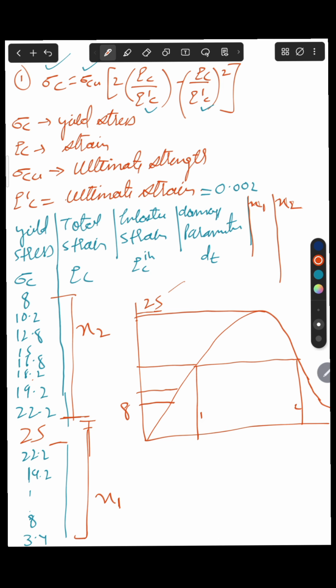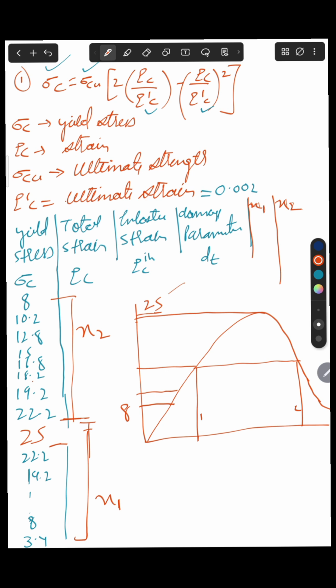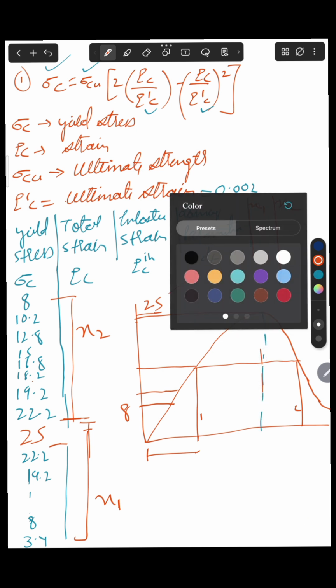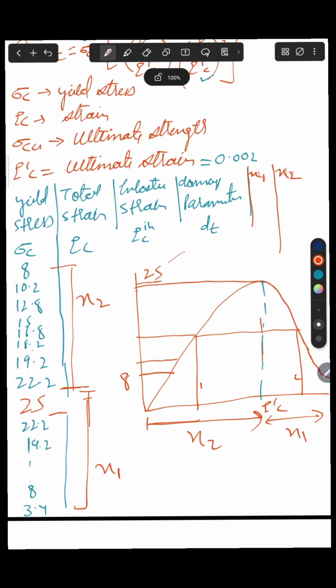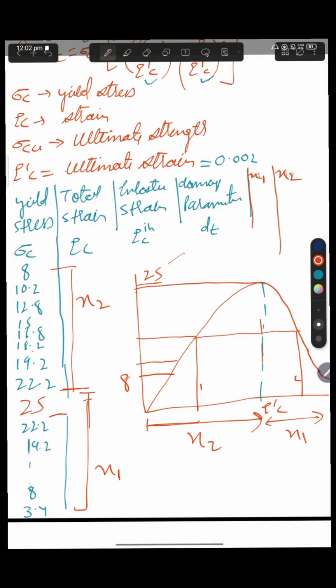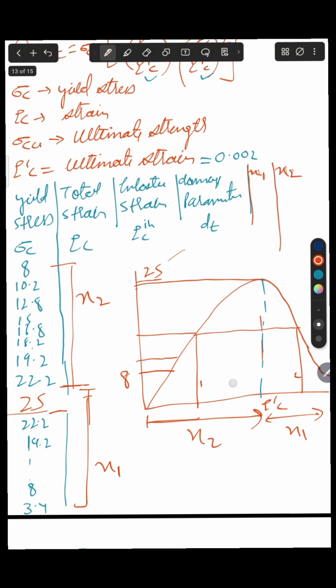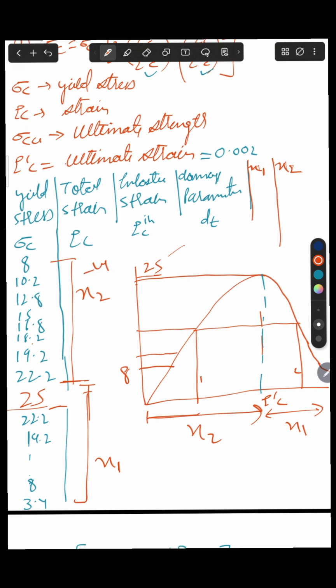Here we need the smaller strain, so the smaller strain will be x2. Up to this point our smaller strain will be used, here x2, and after that we have x1. Similarly, up to our fcu we use the smaller value of strain, that is the negative root, and after that we use the bigger value of strain, that is the positive root.